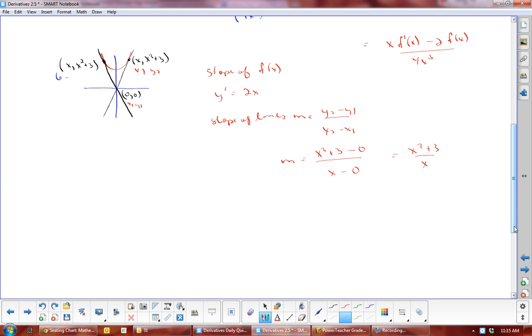So since they share the same slope at that point, find out what that point is. So I'm going to make 2x equal x squared plus 3 over x. So make the two slopes equal each other.